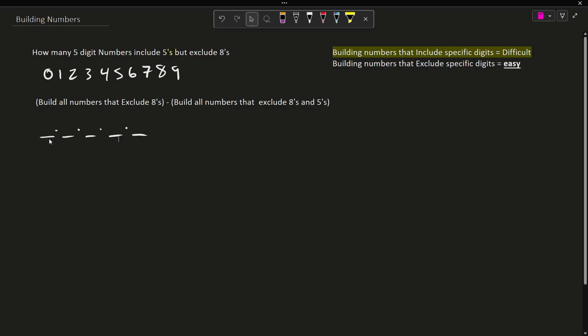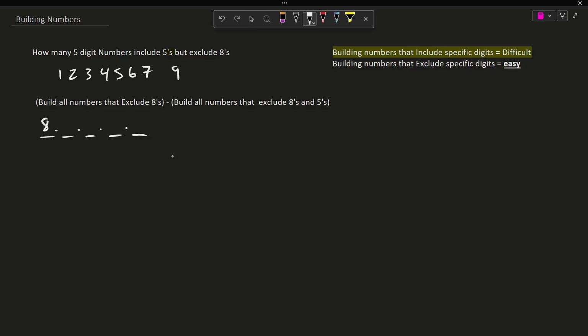How many am I allowed to put in the first position? Well, remember, I don't want 8, so 8's not an option. And also, 0 is not an option. So 8 and 0 are not an option. How many are left? 1, 2, 3, 4, 5, 6, 7, and 8 options are left.